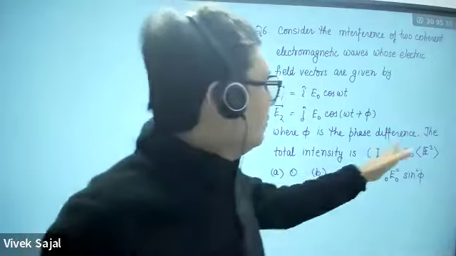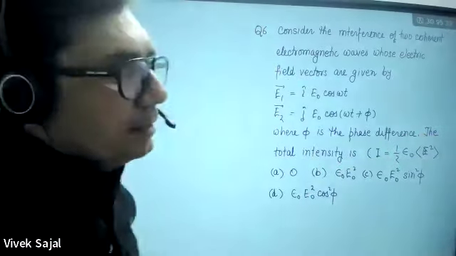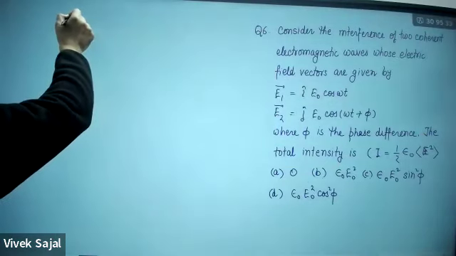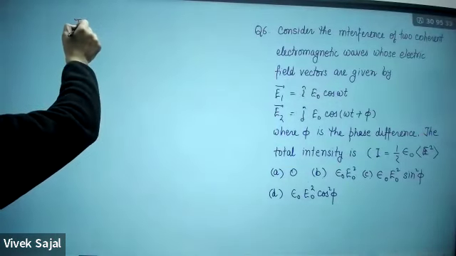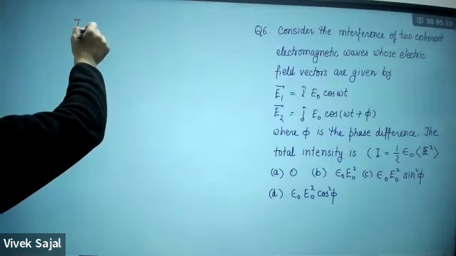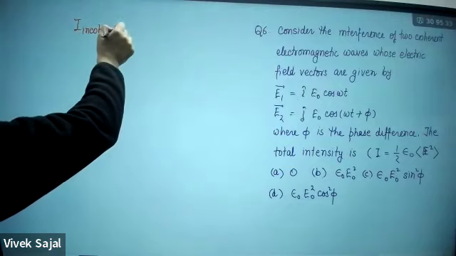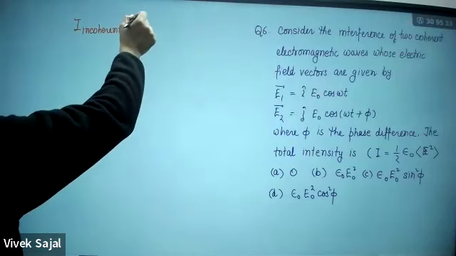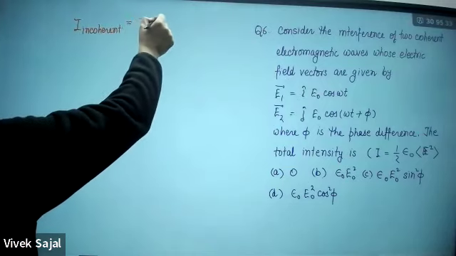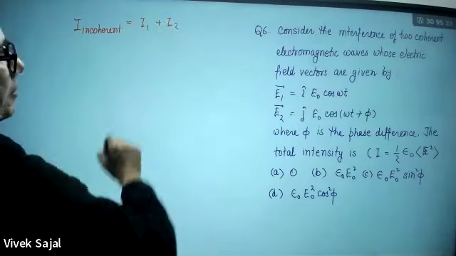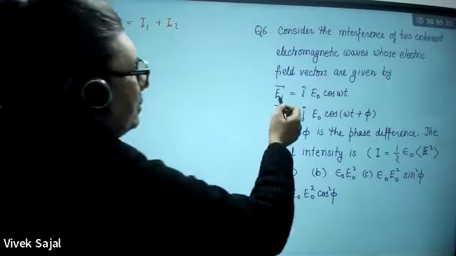So that's why they are asking for the total intensity. If two waves are not coherent, then you can find the incoherent sum, which will be equal to I1 plus I2.